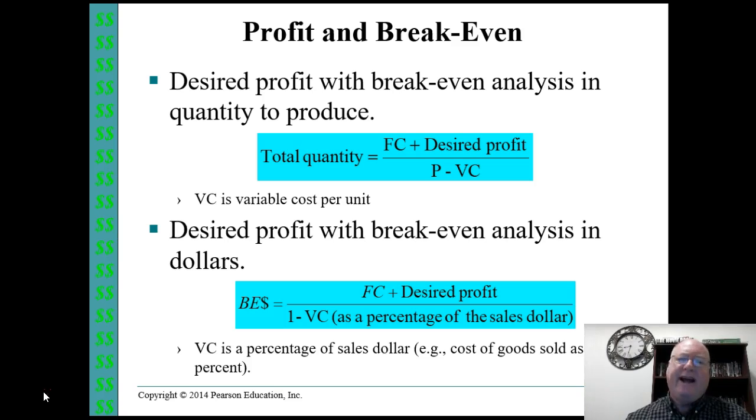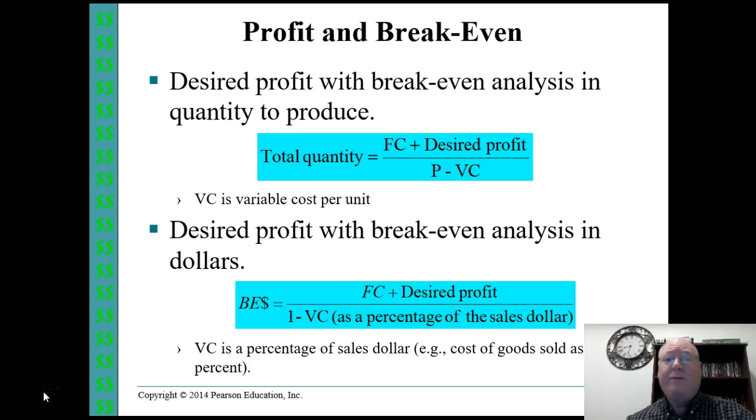Let's look at the quantity first. We already know that we need to sell 10 cakes a week to break even with respect to paying ourselves a salary of $100. But let's say we wanted to not only have a salary of $100, which is our fixed cost, but we also wanted to have a profit of $50 showing up beyond that.